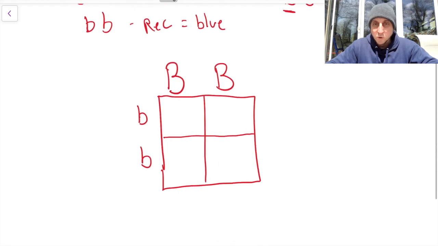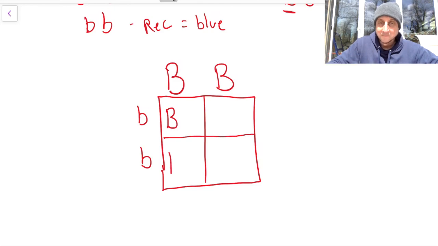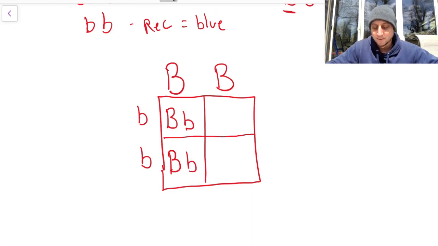So we do big B, we bring it down, the capital, and then I bring the capital down again, and then I bring the little b over, and the little b over. Now, does the order matter? Not at all. I just like it like that because it looks nice. Same thing over here. We bring the big B down, and we bring the little b over. See how we did that?